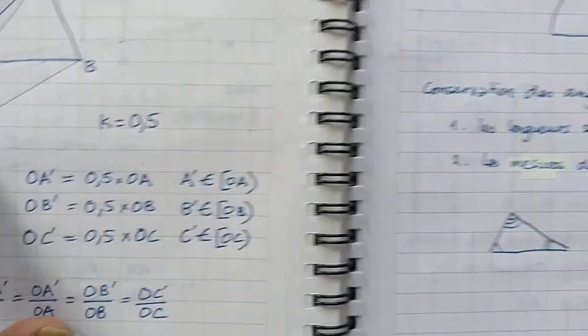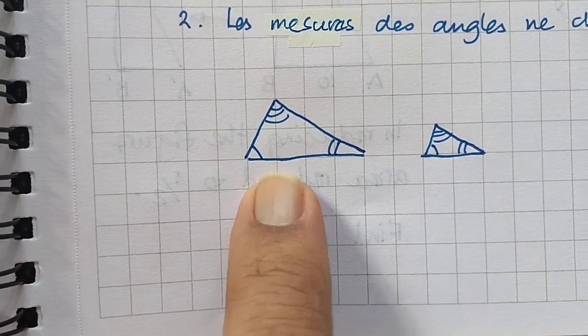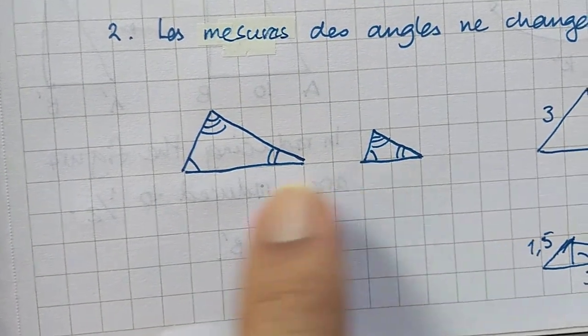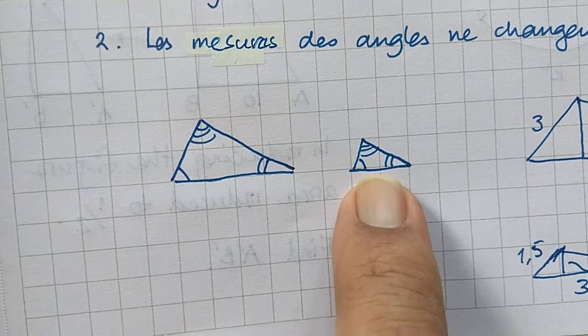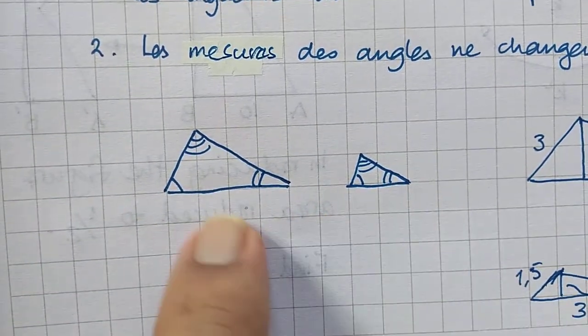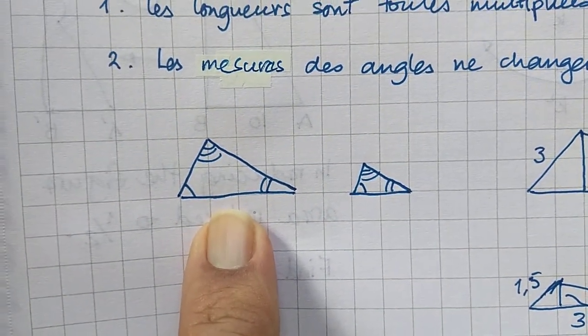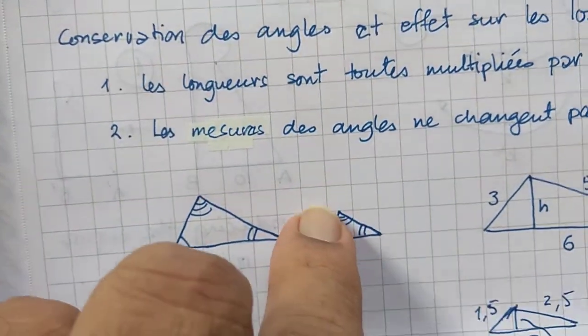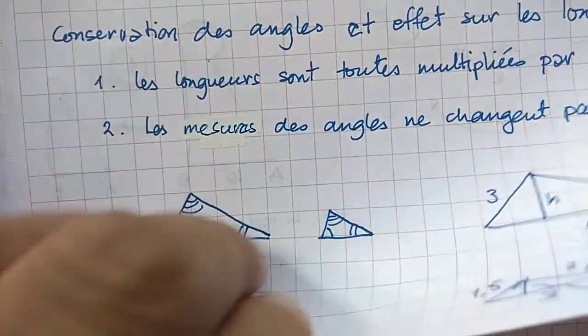So angles do not change. I also have it here. If this is my original and this is my figure after reduction, all the angles remain the same. Similarly, if I go from here to here, which is an enlargement, the angles remain the same. Whatever be the figure, the angles will remain the same.